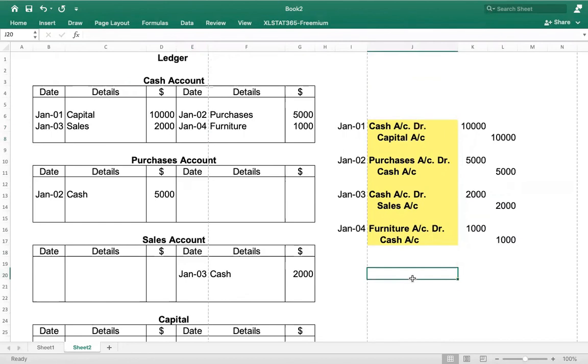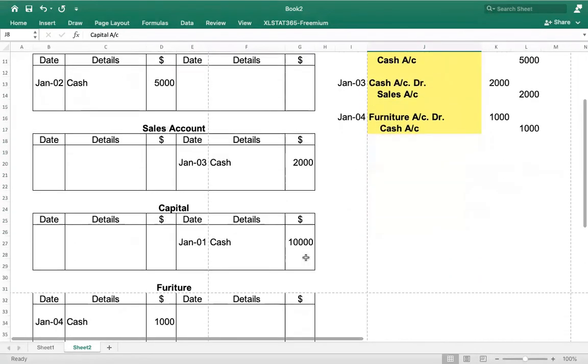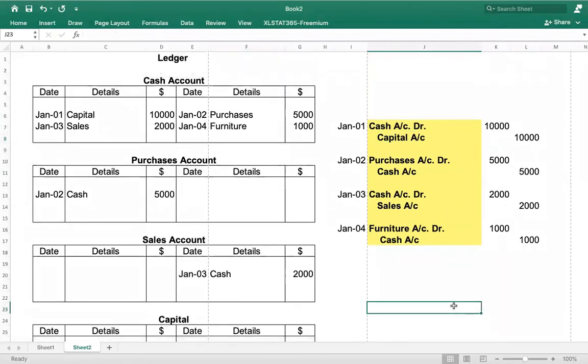What are we to do? Basically, we take help from the journal. If the account is debited in the journal, we will put it on the debit side. If the account is credited in the journal, posting will take place on the credit side. Agree? So two things understood. This is journal and this is ledger.